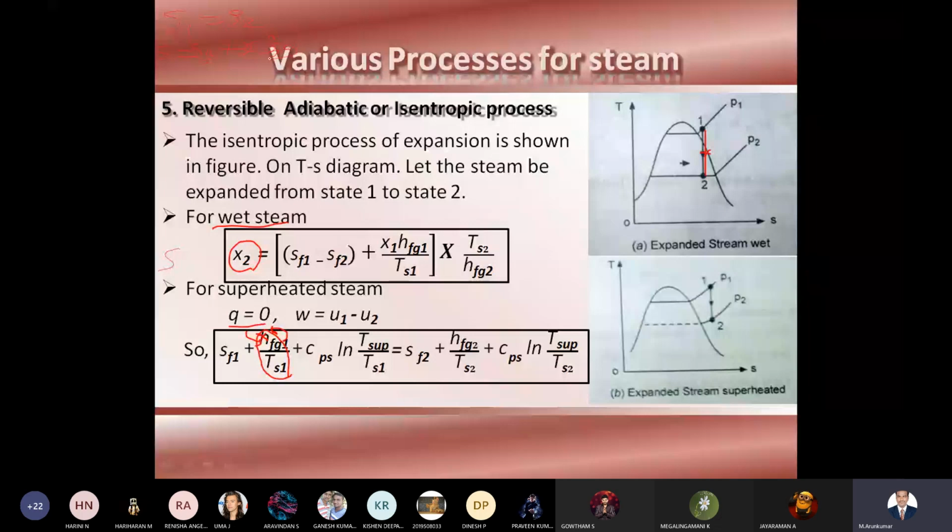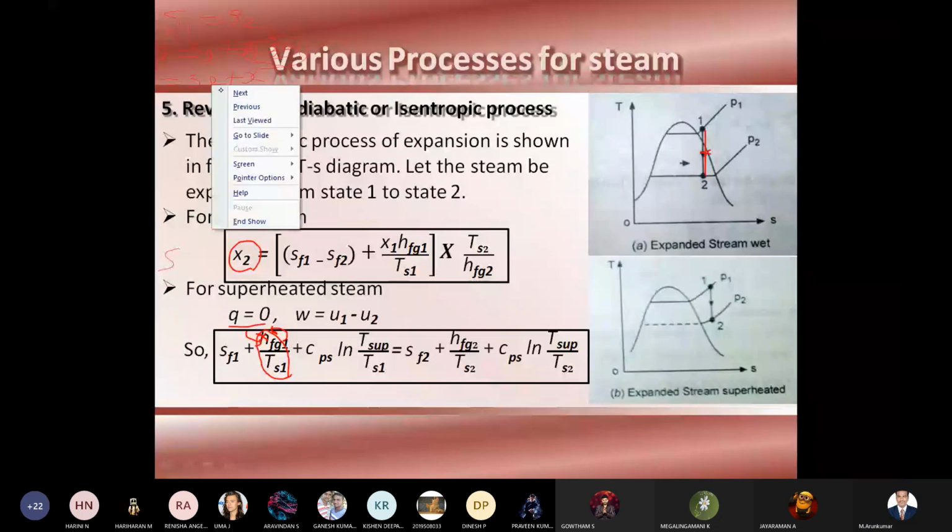So this SFG can be written as SF plus X into SFG. So S1 can be written as SF1 plus X1 into SFG1. If you want S2, we can write SF2 and X2 into SFG.